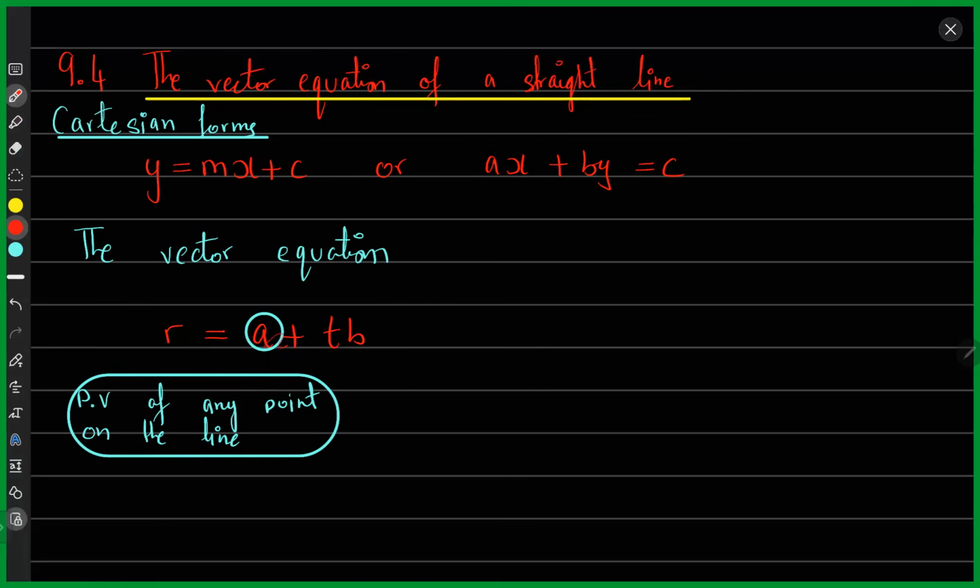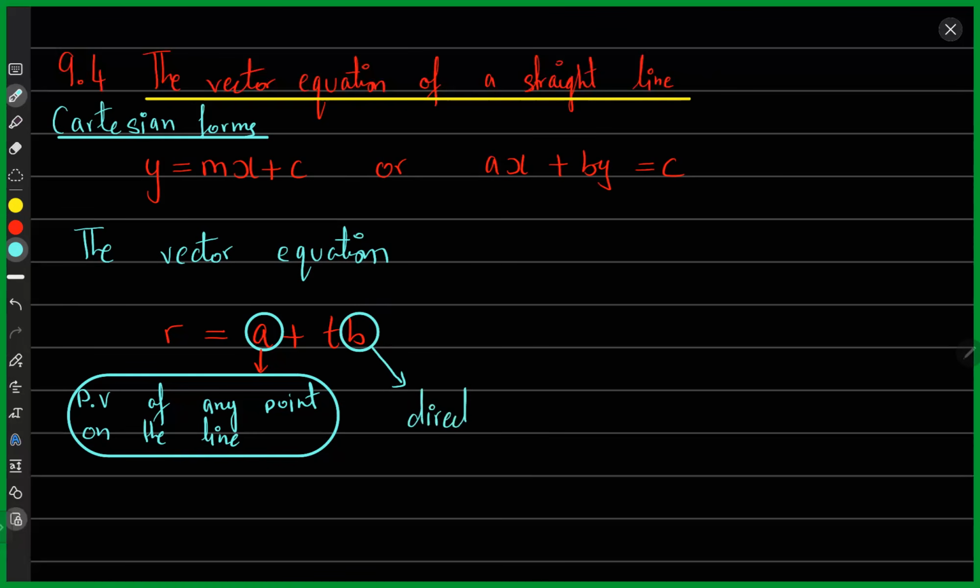Okay. All right. The next thing is B. Now, what exactly is B? B is basically the direction vector of the line.